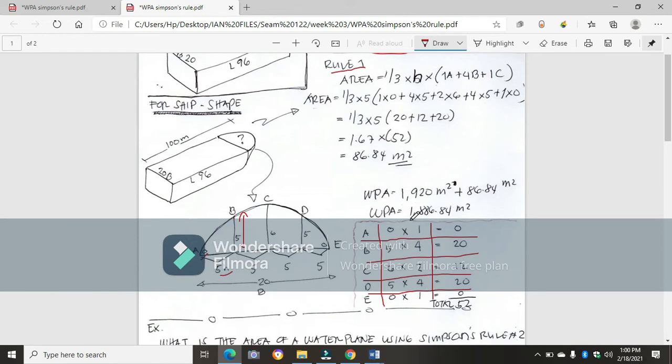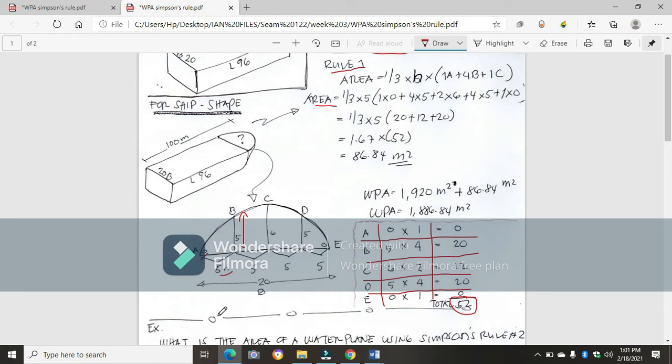That's Simpson's rule 1. Now we will multiply: 0 times 1 equals 0, 5 times 4 is 20, and so on, 12, 20, 0. The total, we add these up, is 52. Now we will apply the formula: 1/3 times 5.